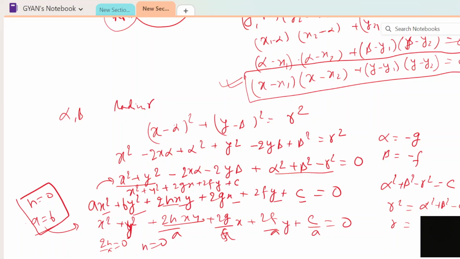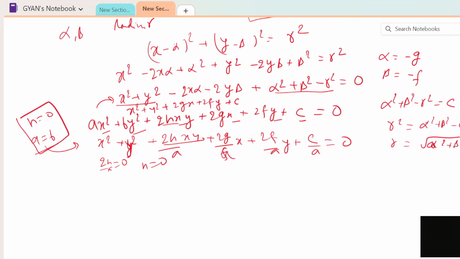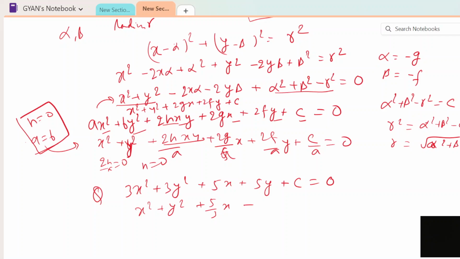So if you have to find the center, suppose one question is given: 3x square plus 3y square plus 5x plus 5y plus c is equal to 0. You have to find the radius and center. First you divide by 3: x square plus y square plus 5 by 3 x plus 5 by 3 y plus c by 3. Then the center is equal to minus g.